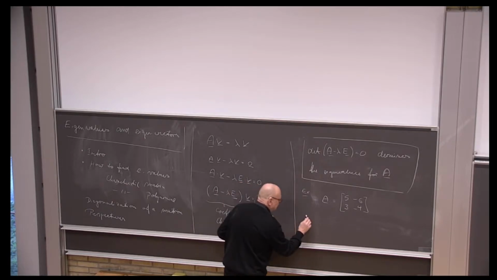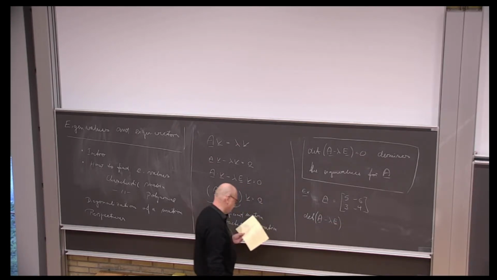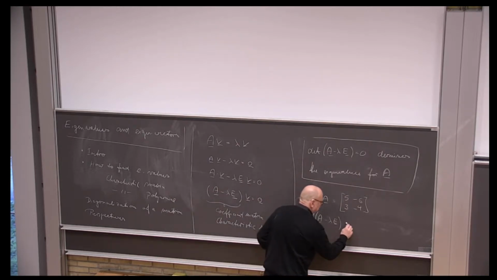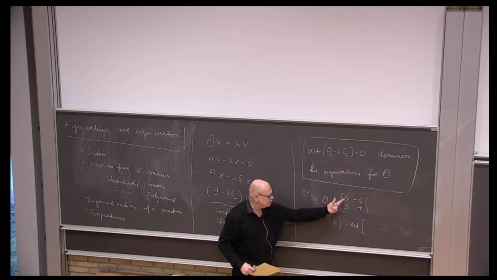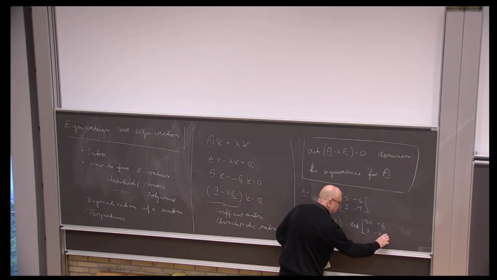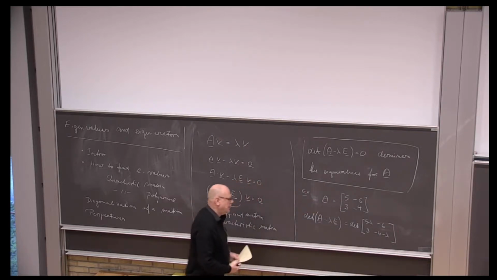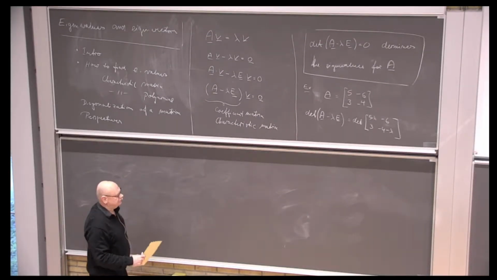And I'm going to compute the determinant of A minus lambda E. And remember how we write this? We just subtract lambda on the diagonal. So you get 5 minus lambda, minus 6, 3, and then minus 4 minus lambda. And you have to then calculate the determinant here.